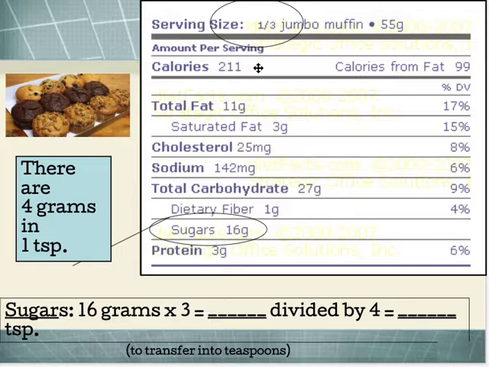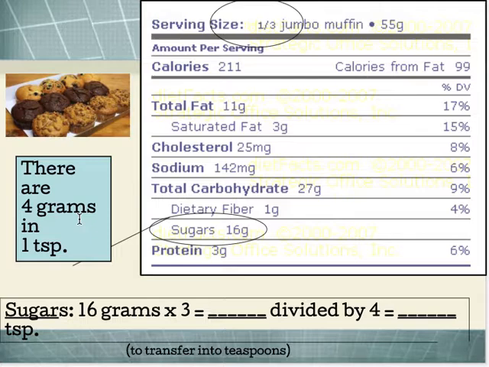So again, if you look at the sugars, there's 16 grams. There are 4 grams in 1 teaspoon. So we have to take 16 grams times 3 because we're eating that whole muffin. And then we're going to divide it by 4 to get our teaspoons of sugars.